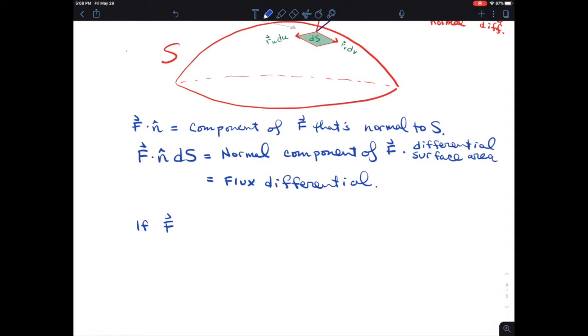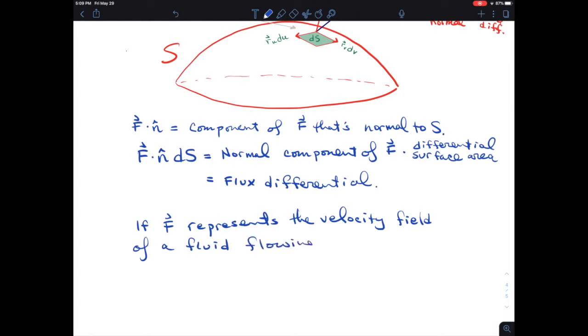But regardless, if F represents the velocity field of a fluid, let's say flowing through a porous surface. It could be like a filter.